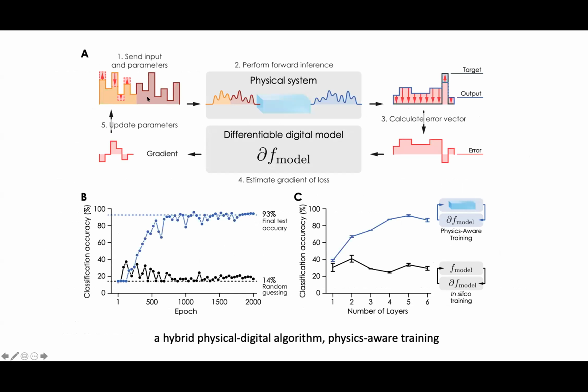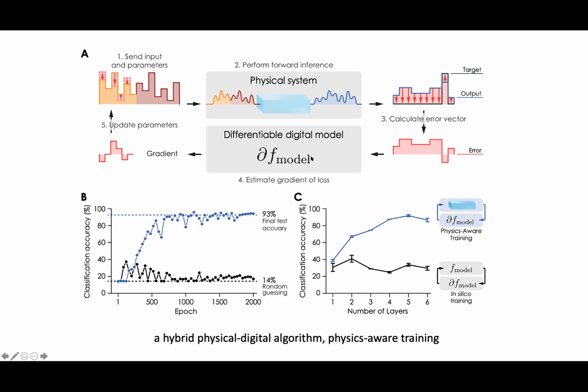The basic idea is, as we know, to do backpropagation or calculate the gradient, we actually need a forward propagation first. The forward propagation is performed in the physical system, literally in the physical system, nothing to do with the model, nothing to do with simulation. If you send the input and parameters into this physical system, the output comes out like this, and then you calculate the error.